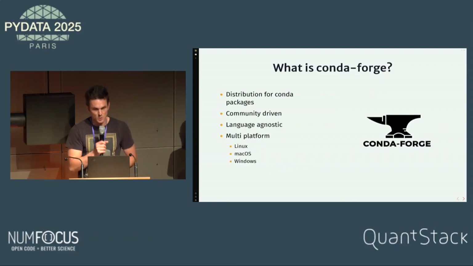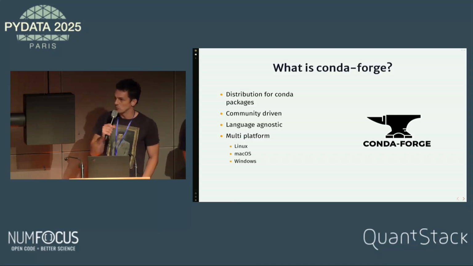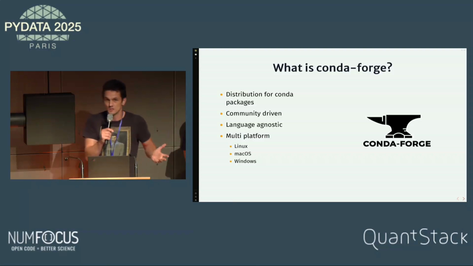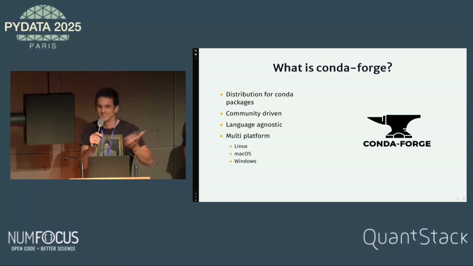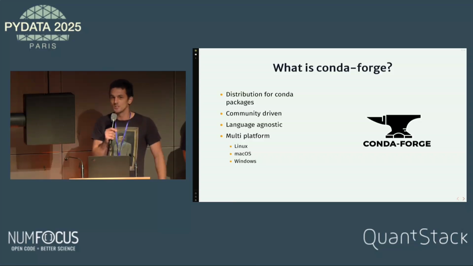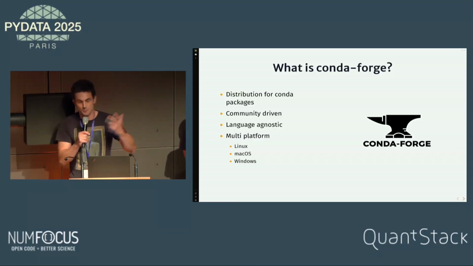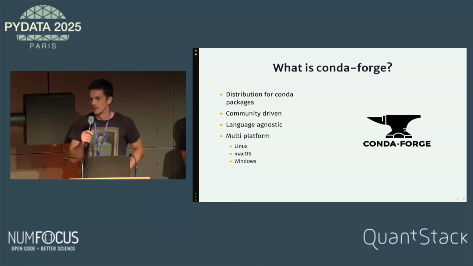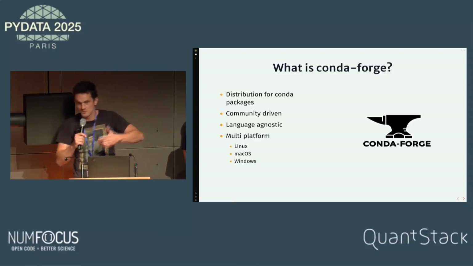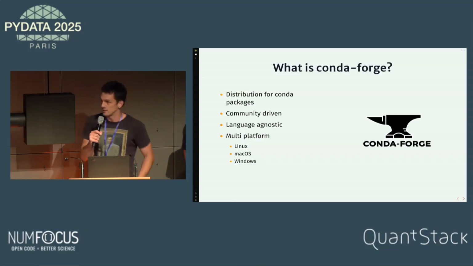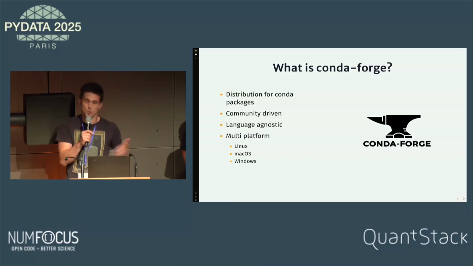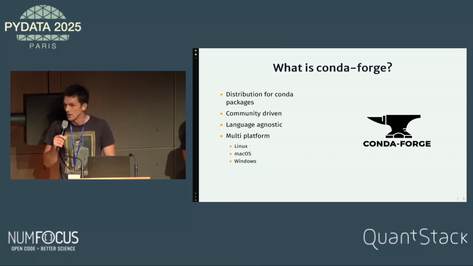Then what is conda-forge? conda-forge is essentially just a distribution of conda packages. For those who don't know conda, it's like pip, but in good. It's community driven. That means the packages are provided essentially by you. You can make pull requests to some repository, and then the packages will be built in some CI. It's more or less language agnostic.